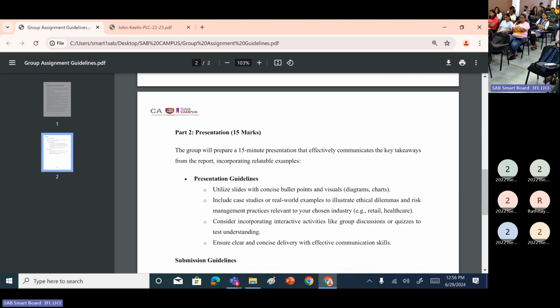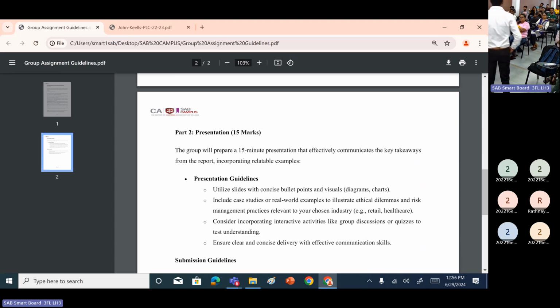And the presentation: utilize slides consisting of bullet points and visuals. Include case studies or real world examples to illustrate ethical dilemmas and risk management practices relevant to your chosen industry. I don't want bulky wordings in your presentation. I want a graphical presentation.